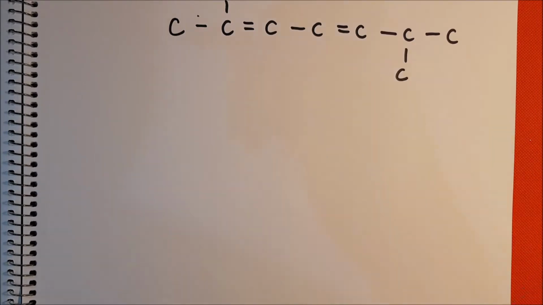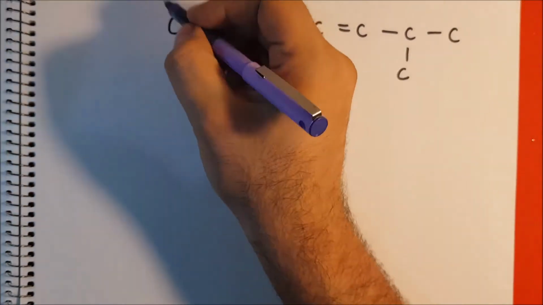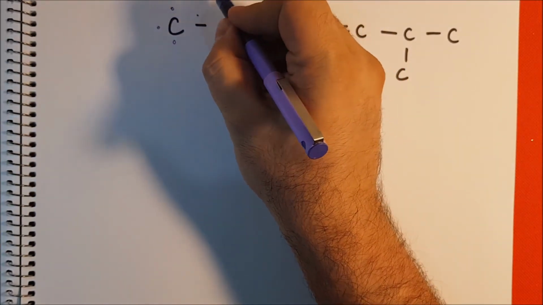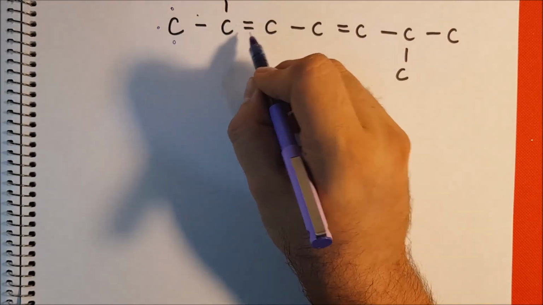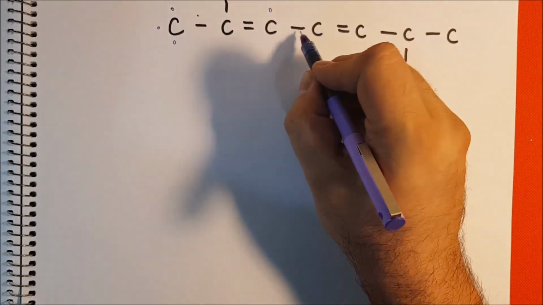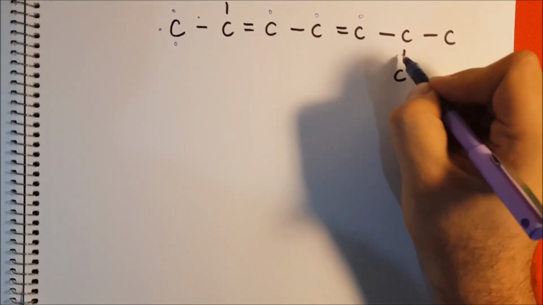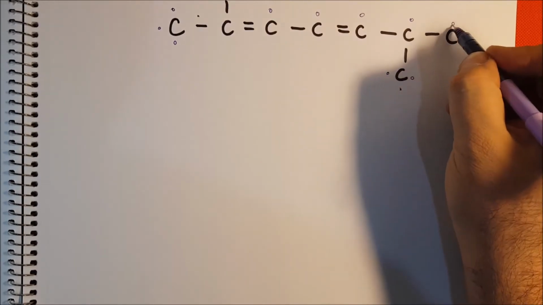And here we go. So this carbon is making one bond, so it's missing 3. And then this carbon is making one bond, so it's missing 3. This one is full. The next ones are each missing 1, and the last ones are missing 3.